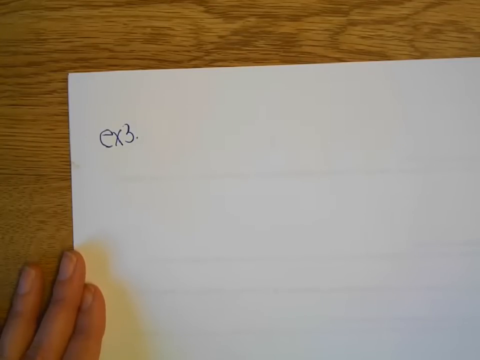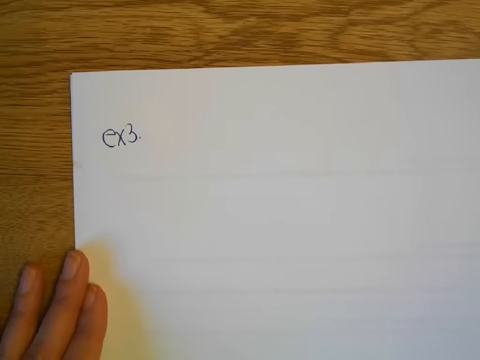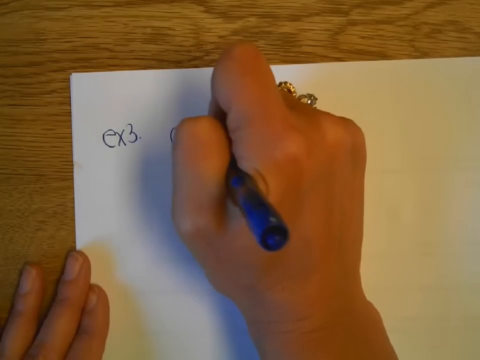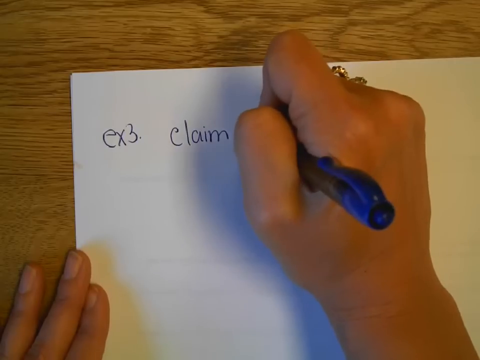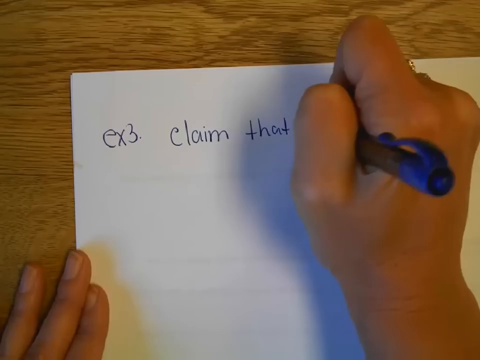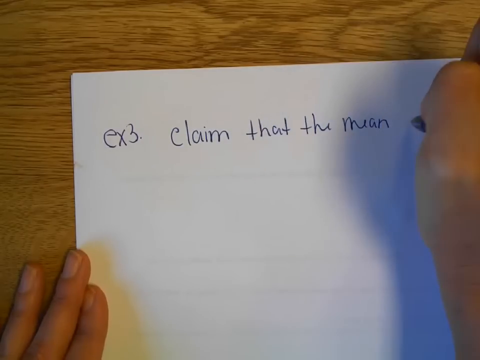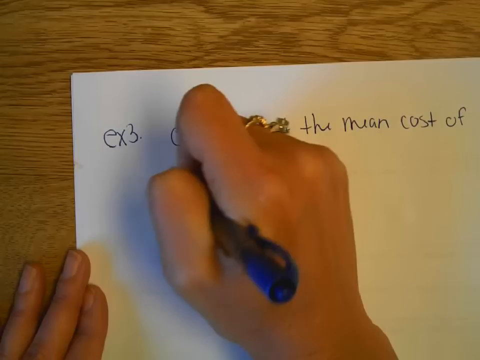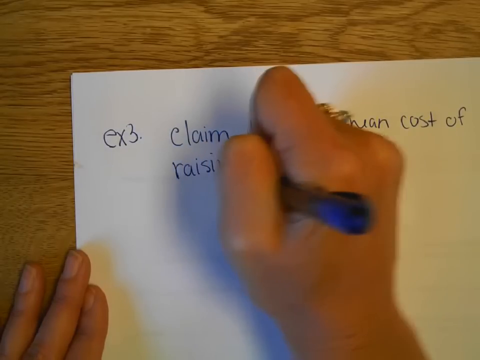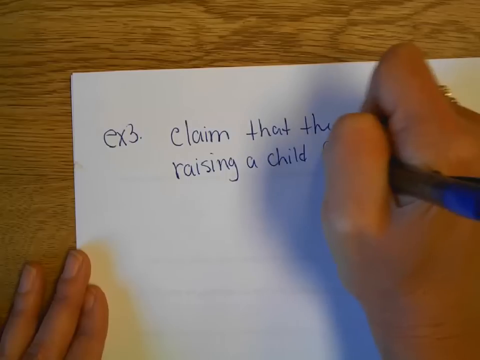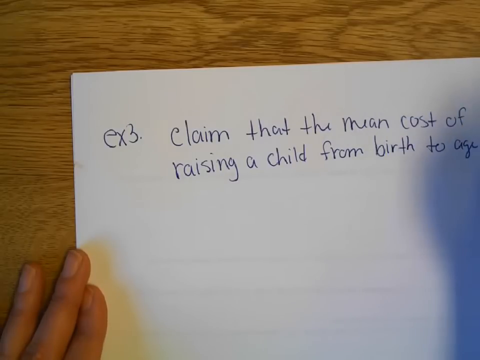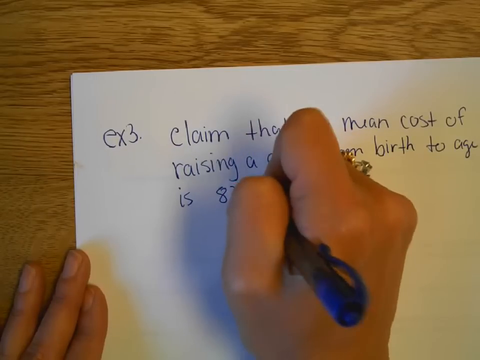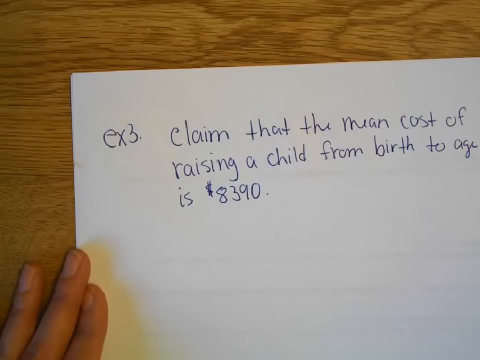Let's see, the U.S. Department of Agriculture report. Okay, so the claim being made is that the mean cost of raising a child from birth to age 2 is $8,390.